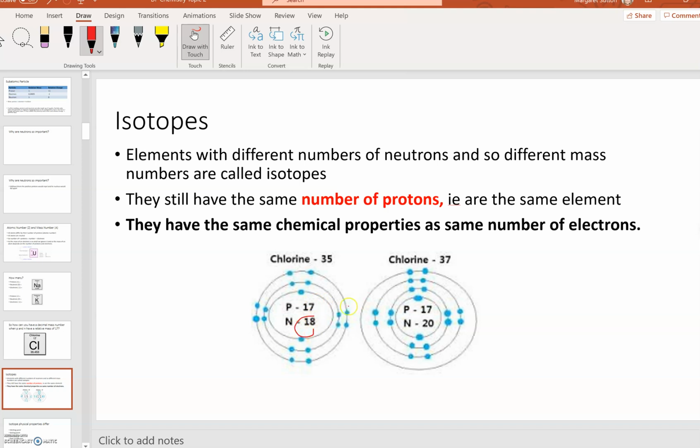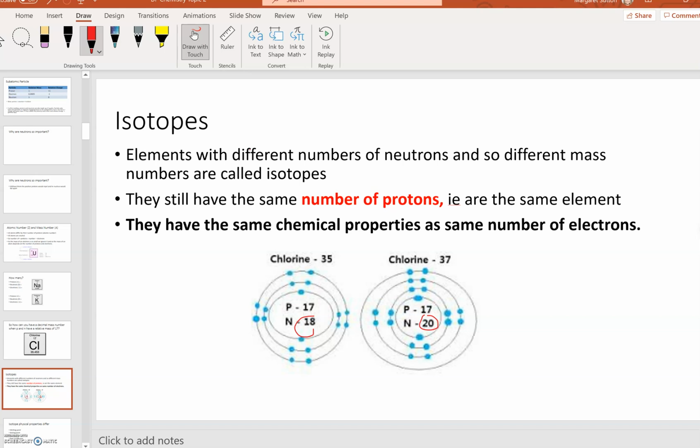Chlorine-35 has 18 neutrons though, and chlorine-37 has 20 neutrons. That makes chlorine-37 heavier. Chemically, they're really similar because they've got the same number of electrons, and electrons are what take part in reactions. And they're still the same element because they've got the same number of protons. So the only thing that's different about these 2 is that they've got different masses.